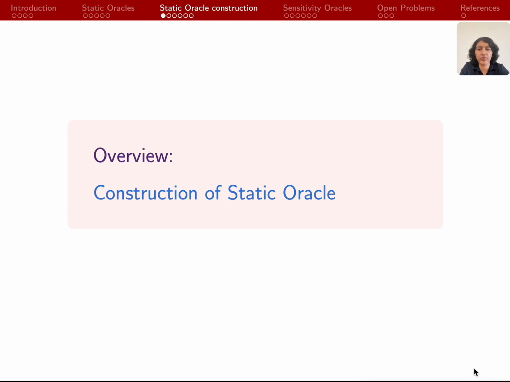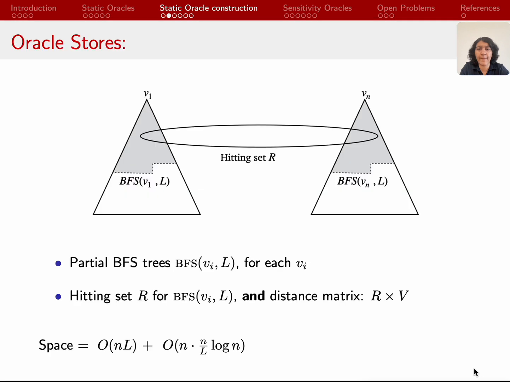Let us see an overview of our static oracle. Our oracle construction is very easy. It just stores two things. First, for each of the vertices v1 to vn, it stores a partial BFS tree with the closest L vertices. Next, it computes a hitting set for these partial BFS trees.